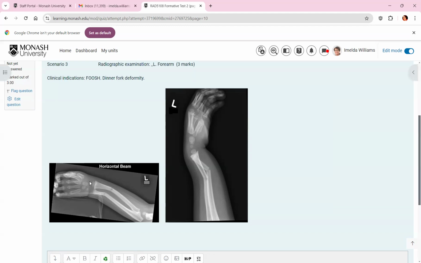However, when we look at the joints, it doesn't look like there is any dislocation at the distal radial ulnar joint. And there's also some soft tissue swelling around that area. You can further describe the fractures as transverse fractures to both of the diaphyses, and also that it's the distal third that's been affected.